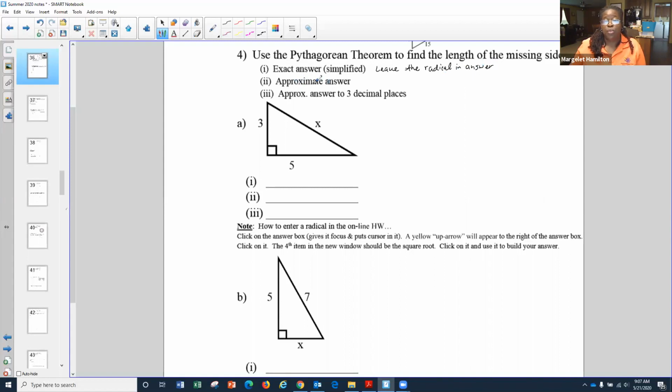Then they want us to approximate the answer. Approximate means put that radical in your calculator, press enter, and get the decimal number. Just like we did in our previous lesson, it means everything that comes out of your calculator, that decimal number, that's your approximate answer.